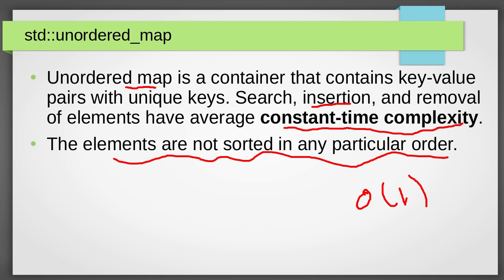Unordered map is implemented using a hash table, but the ordered map is implemented using red-black trees, and so the unordered map is more efficient. It has big O of 1 for operations like search and insertion, but the only thing is that you can't print the unordered map elements in order.